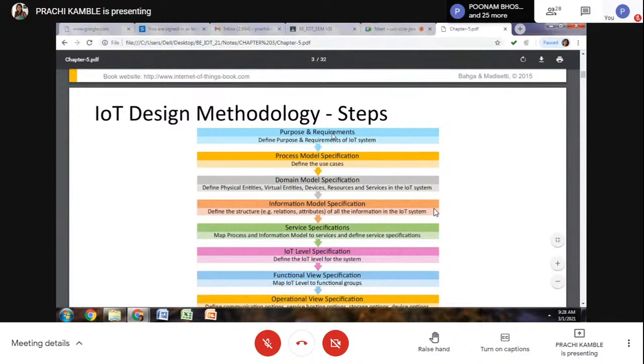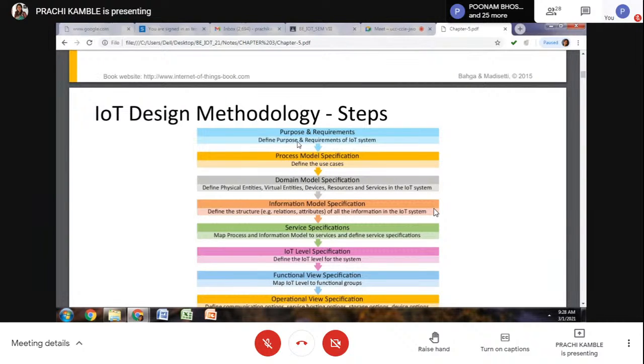So purpose and requirement basically defines the purpose and requirement of IoT design systems. Then there is a process model specification. It defines the use cases. So we are going to study what are the use cases. Then the third step: once use cases are defined, the next step is domain model specification.